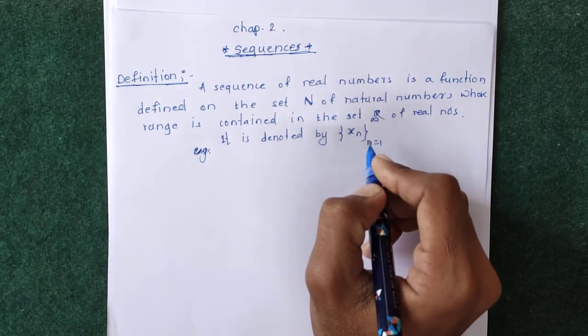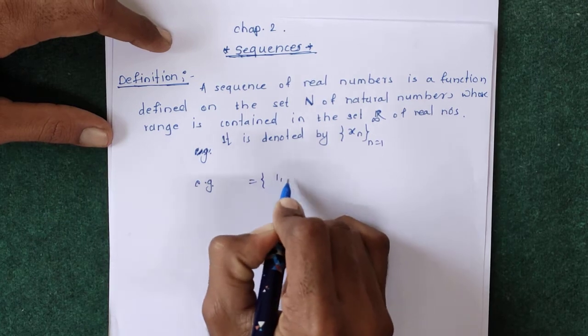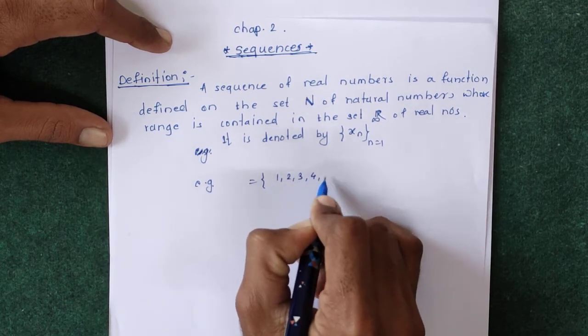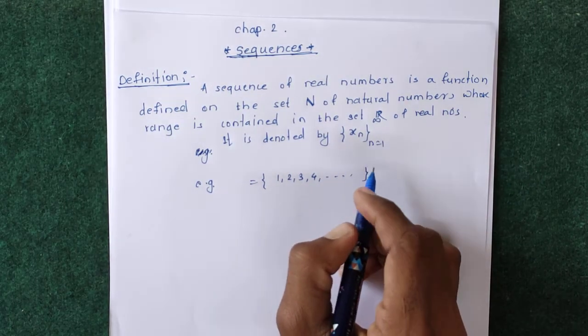Here n is from the set of natural numbers. For example, if we take this set 1, 2, 3, 4, 5, this set is itself the set of natural numbers.